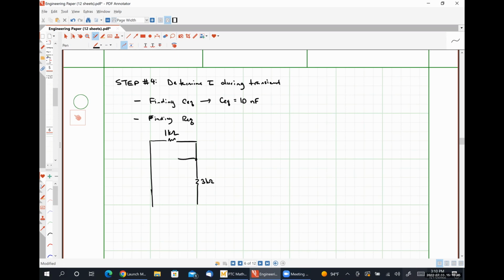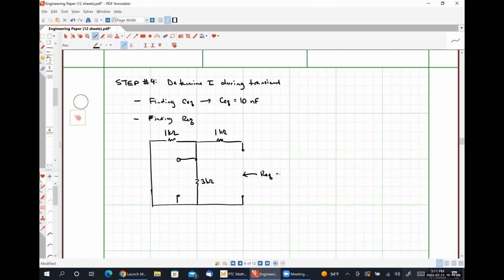Since we're looking at it during the transient condition, our switch needs to be open. Here's our 1 kilo ohm resistor. Here's our open circuit where our capacitor was, and we're looking in through the capacitor terminals.